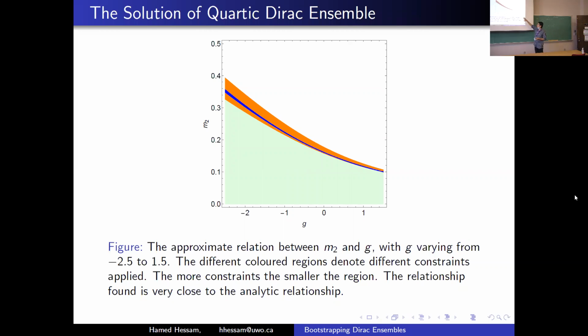As I said, the light green region contains the orange and also the blue or purple color, so it's not three different regions.